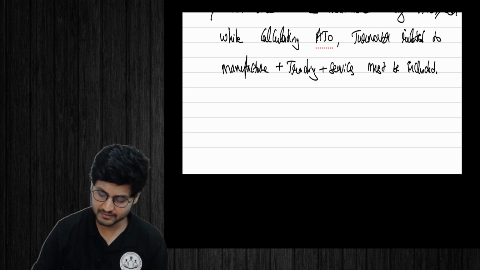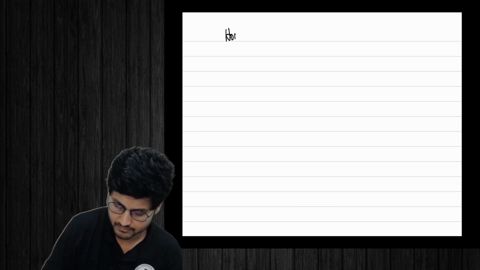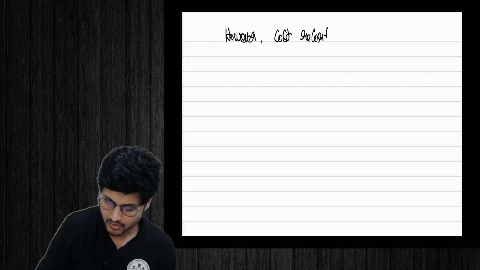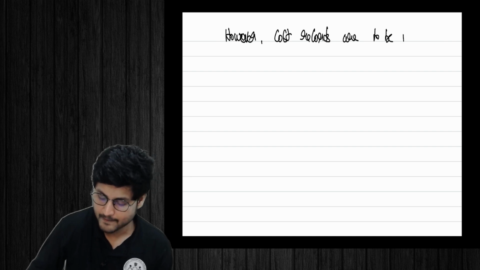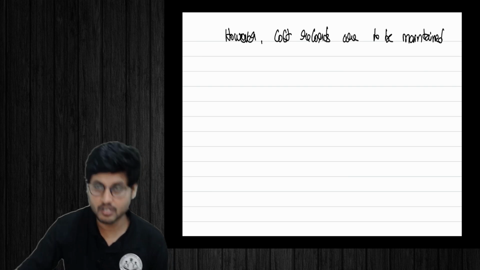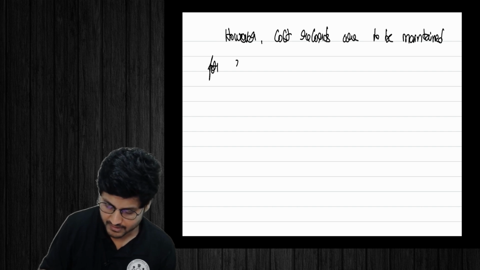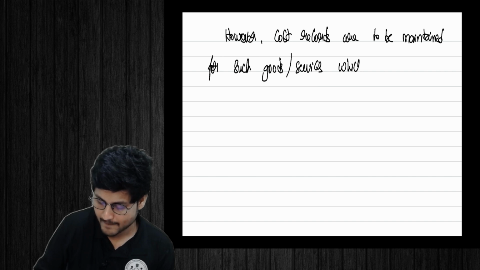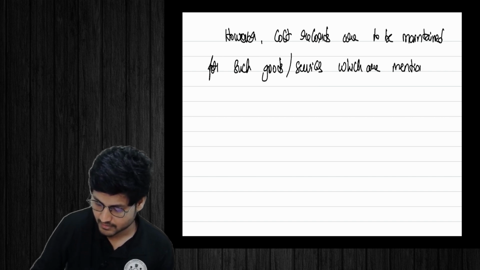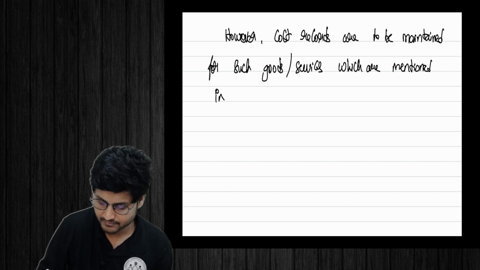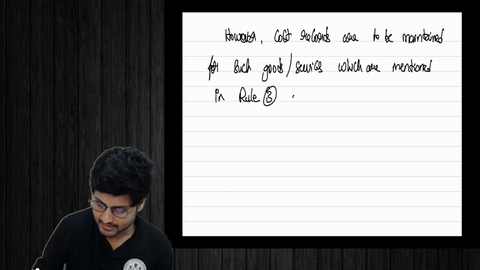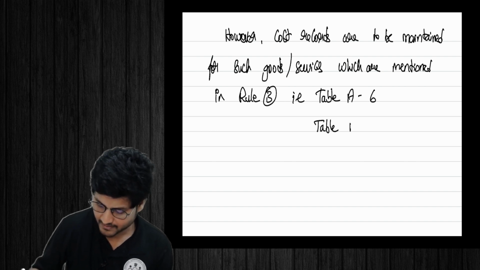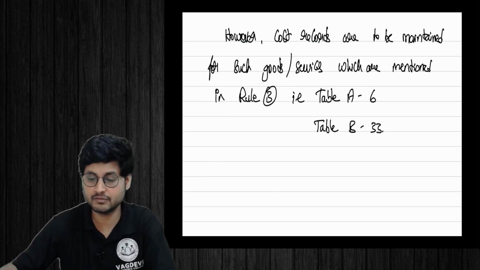No. However, cost records are to be maintained for such goods or services which are mentioned in rule 3, that is table A6, table B 33. Table A6 to table B 33.